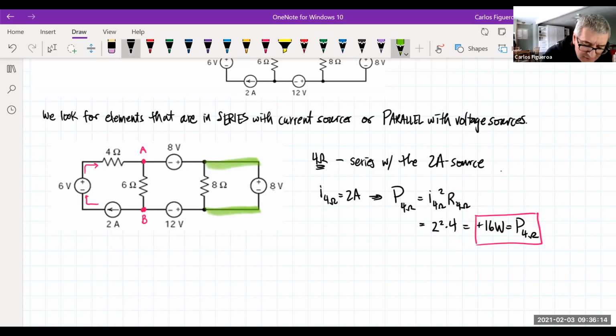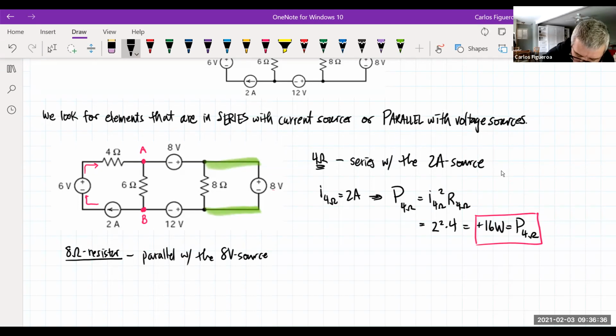So that means here that when I look at the 8 ohm resistor, maybe I should write out 8 ohm resistor like this to make it a little bit bigger. For the 8 ohm resistor, what we're seeing here is that it's in parallel with the 8 volt source. Well, if it's parallel with the 8 volt source, then the voltage of the 8 ohm must be 8 volts.